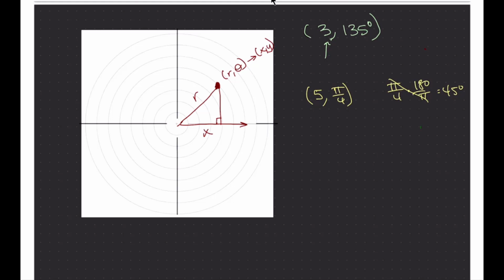And if I wanted to figure out how high it was from here to here, that would be my x or my y? My y. And I got a cute little right triangle. And do we know how to figure out sides of right triangles? That'd be our x squared plus y squared equals r squared, right?